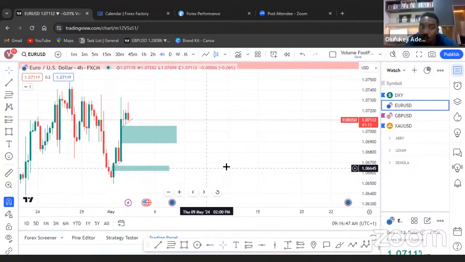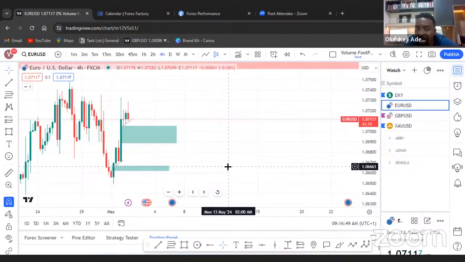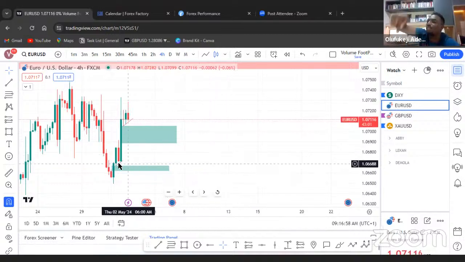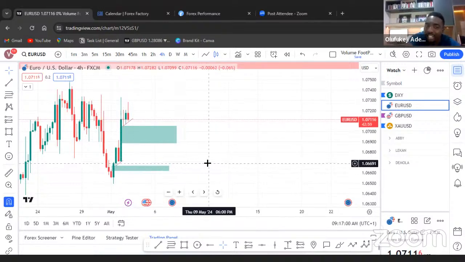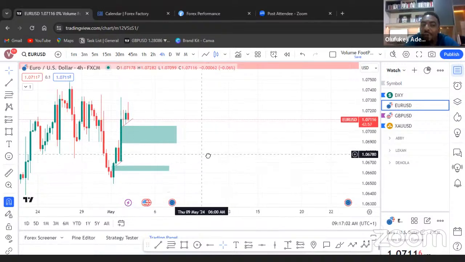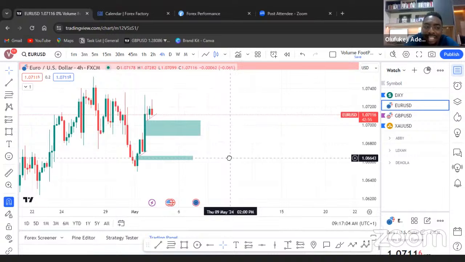If this box pattern fails and price comes into the first one, it's not yet low enough. If it comes into the second one, it's supposed to keep going down if truly it is selling. If at those places price starts to hesitate, then there's going to be a box pattern failure.